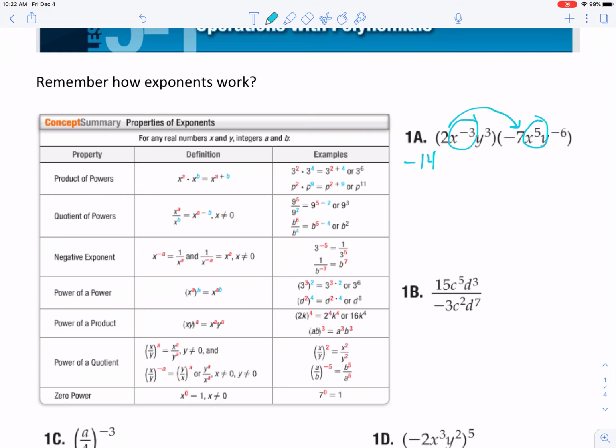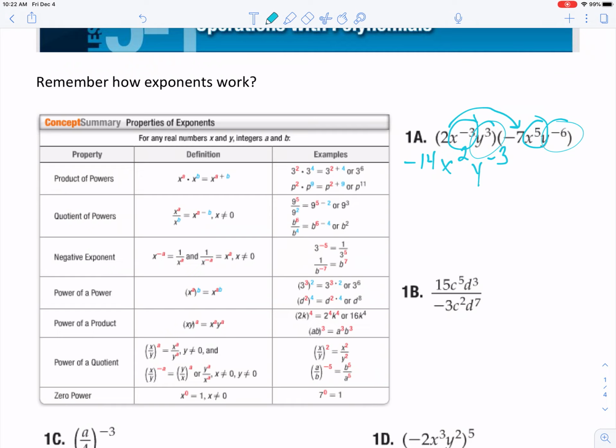This is the product of powers rule, and according to it, I add the exponents. So negative 3 plus 5 gives x squared. Then do the same with the y's: 3 plus negative 6 is y to the negative third.